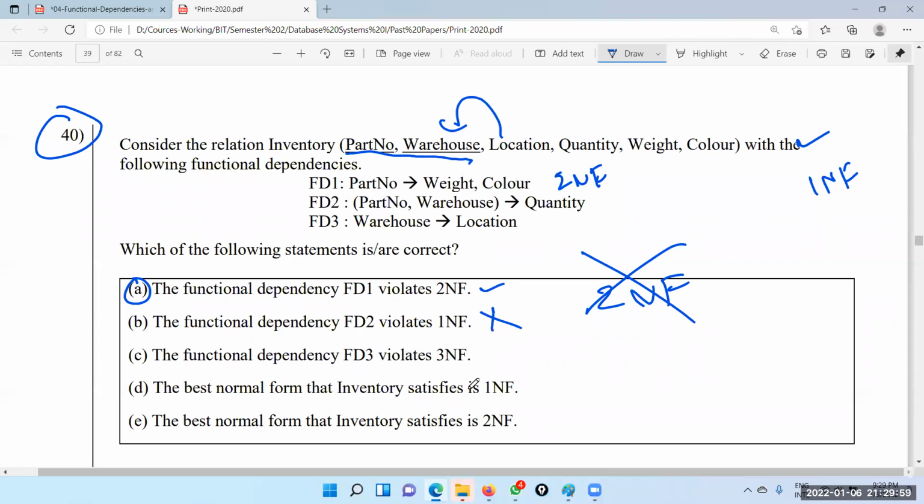FD3 violates 3NF? Warehouse determines location. Warehouse is just part of the key, so it violates the second normal form, not third normal form. third normal එක නෙමෙයි violate කරන්නේ. The best normal form that inventory satisfies is 1NF. ඔව් ඒක හරි, මොකද 2NF violate කරලා තියෙනවා. So definitely it is only 1NF, so the answer is A and D.